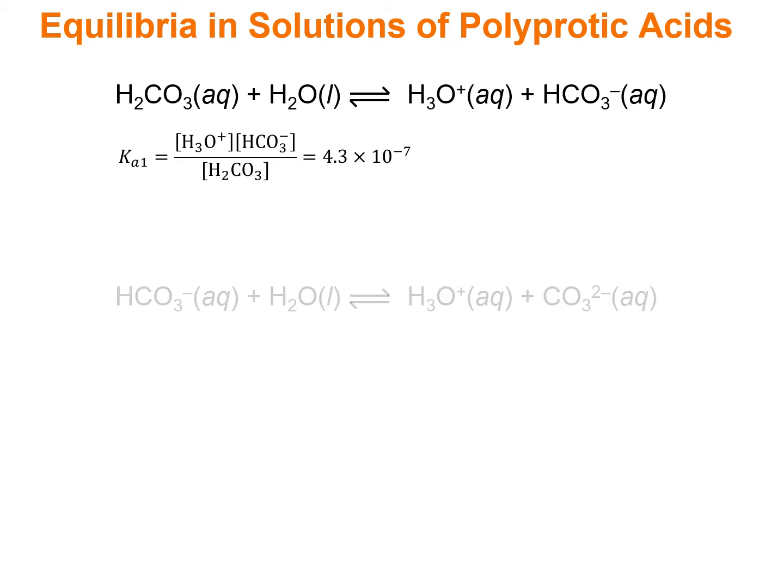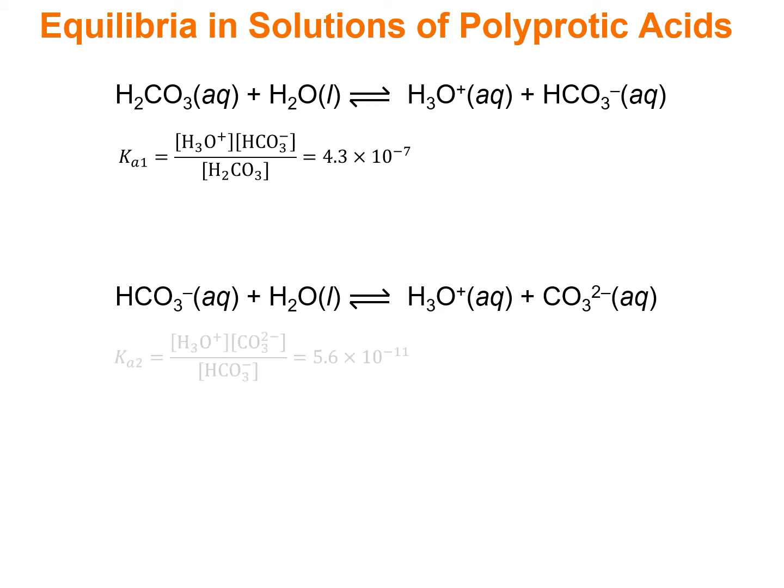Of course, being a polyprotic acid, we can do one more dissociation event. Bicarbonate, HCO3 minus, can dissociate one more proton and end up with H3O plus and CO3 2 minus. The equilibrium constant for that one is written products over reactants just the same, and we end up with 5.6 times 10 to the minus 11.